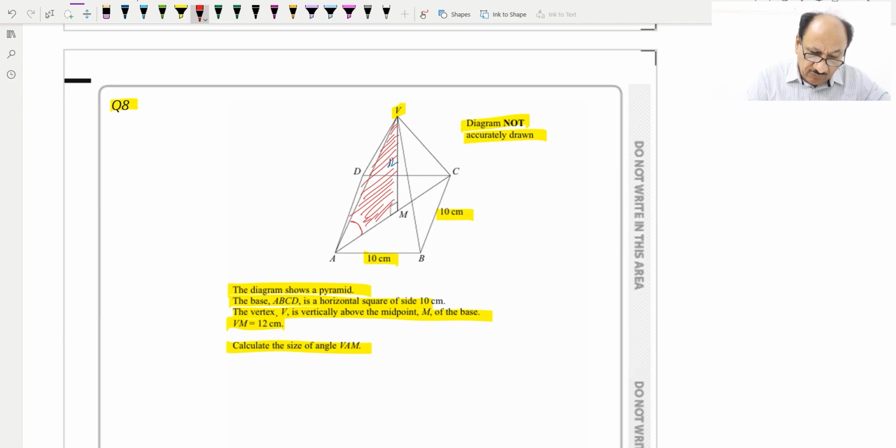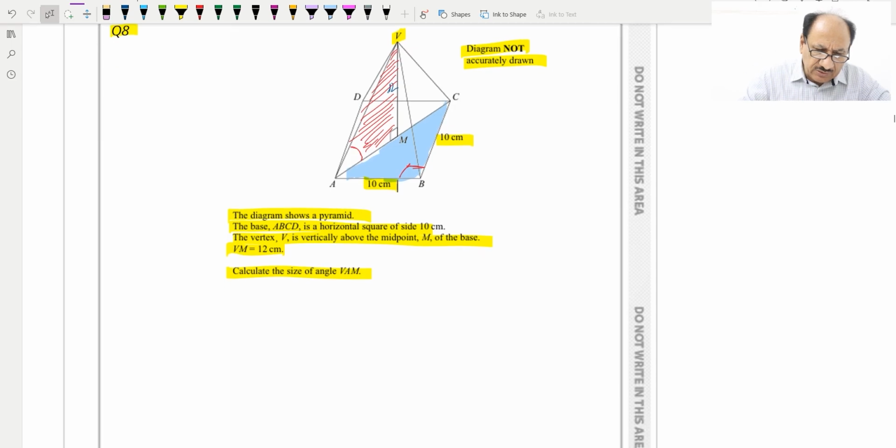So AM we will be finding. To find AM, we will be considering this triangle, which is ABC, a right angle triangle, and we have two sides. We can apply Pythagoras theorem.